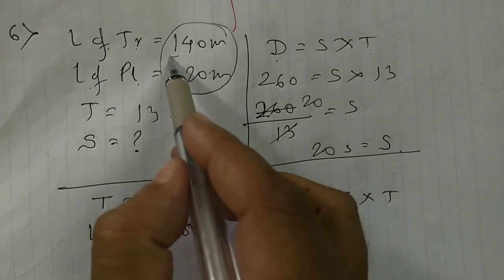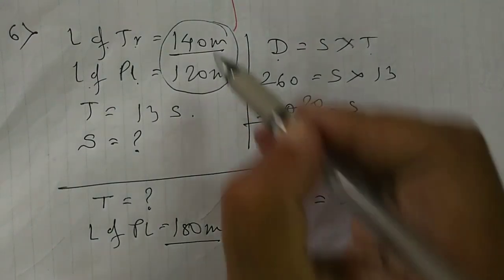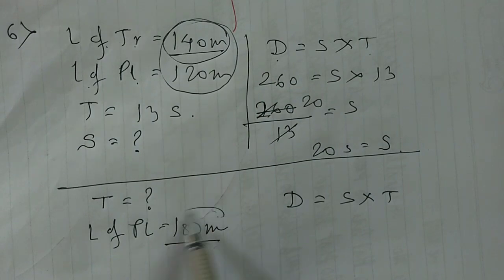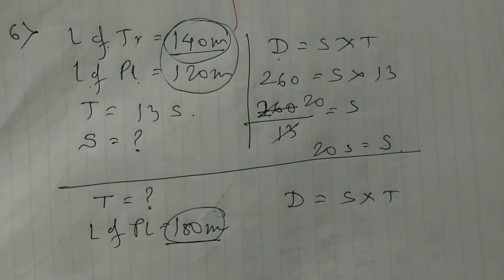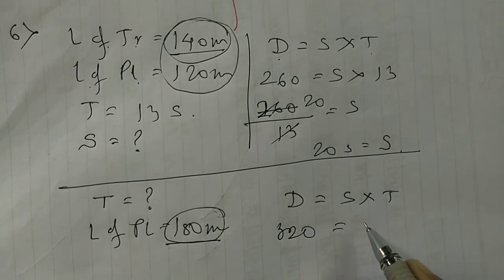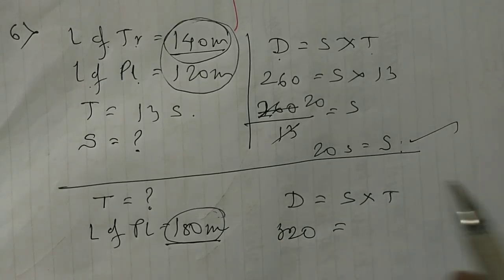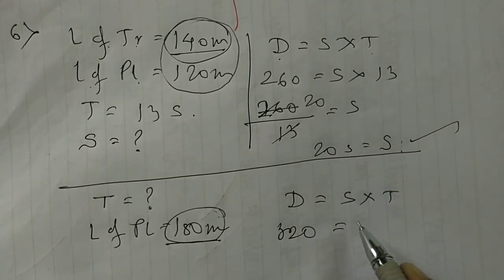What is the length of the train? 140. What is the length of the platform? 180 meter. So we have to add this and this. What we are getting? 320. What is the speed? Speed of the train we got this 20 meter per second.